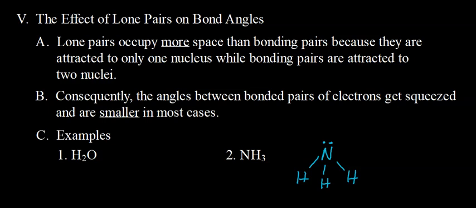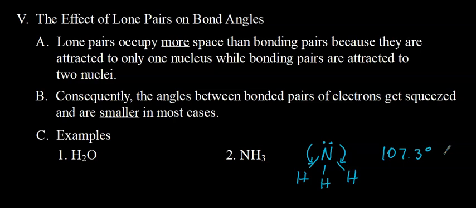However, since that lone pair of electrons is there, it pushes the bonding pairs of electrons closer together. As a result, those bonds are closer to each other than 109.5. In the case of a trigonal pyramidal molecule, bond angles are closer to 107.3 degrees.